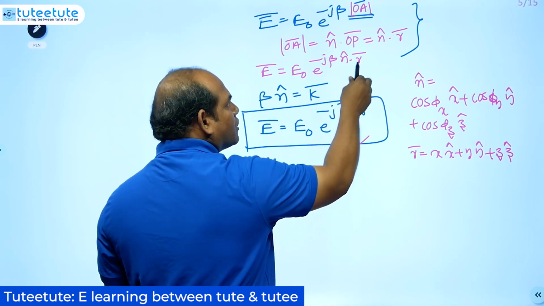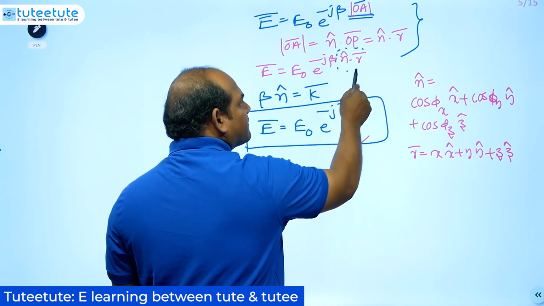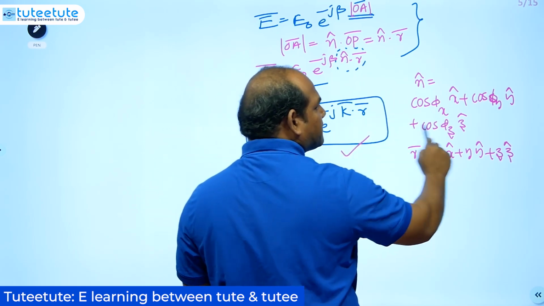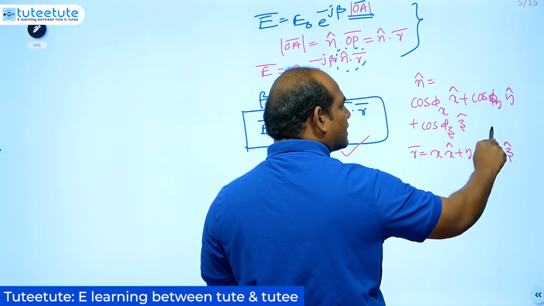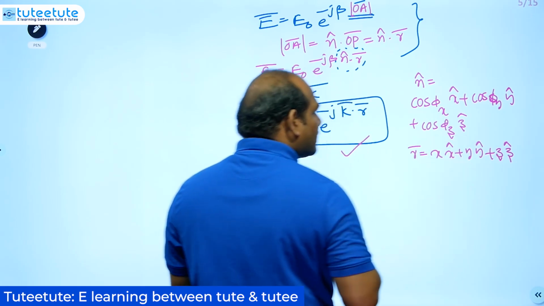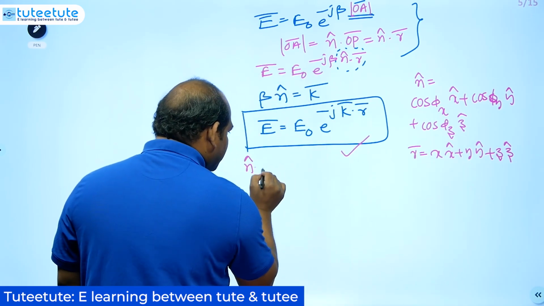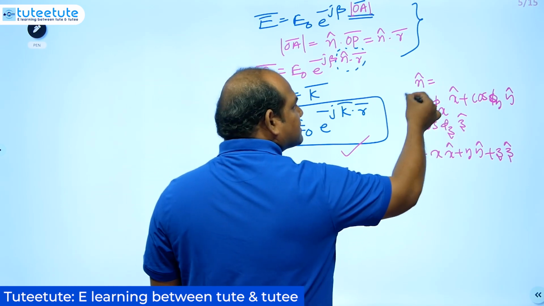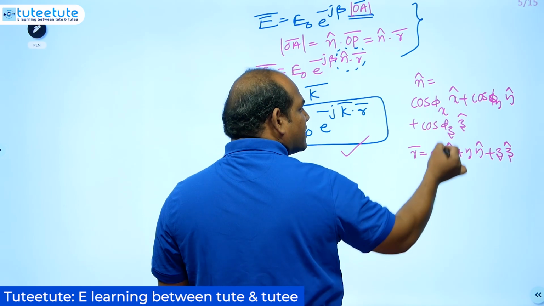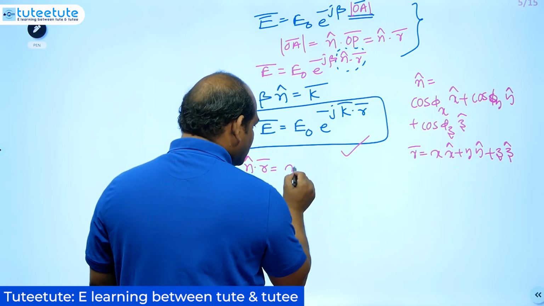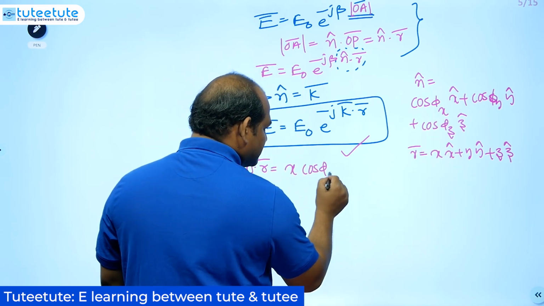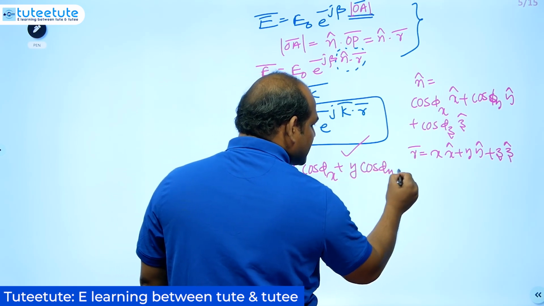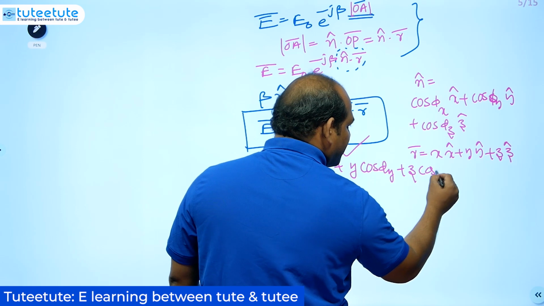You can find this expression separately: n cap dot r bar. n cap is this one, a vector, and r bar is one more vector. So n cap dot r bar is a dot product. The x component of n cap is cos phi x and the x component of r bar is x. So x cos phi x plus y cos phi y plus z cos phi z.